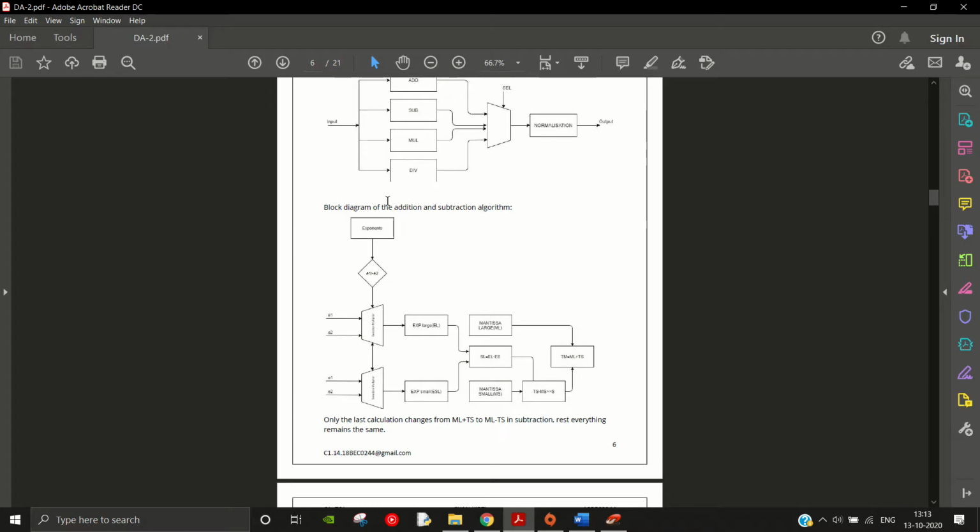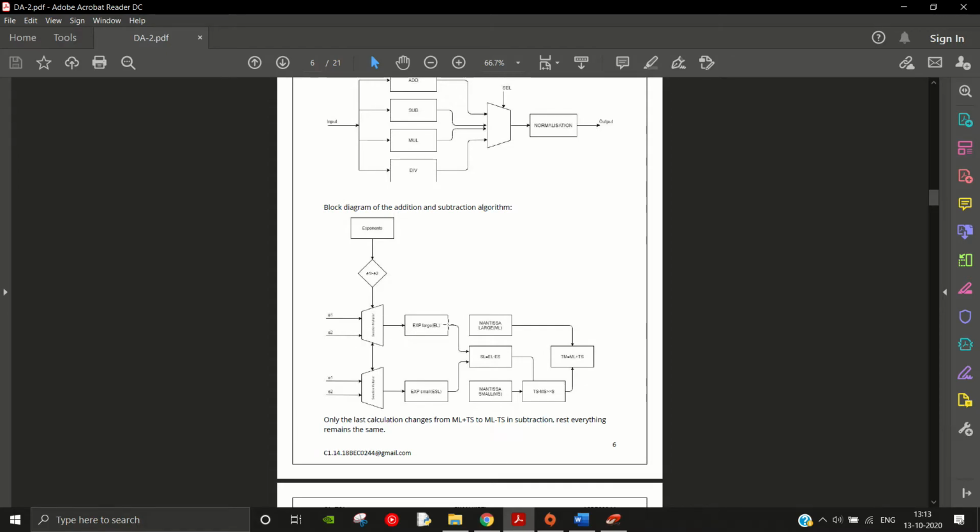So this is the block diagram of the addition and subtraction algorithm. Here we have the exponents. Then we check whether E1 is greater or E2 is greater. Then that signal is sent to the two input multiplexers that we see here, where E1 and E2 are given as inputs. These are 2 cross 1 multiplexers.